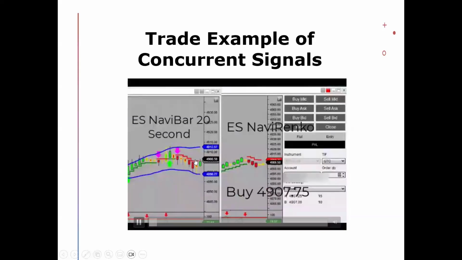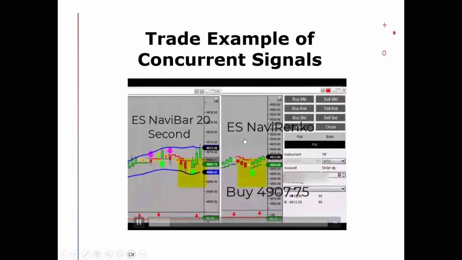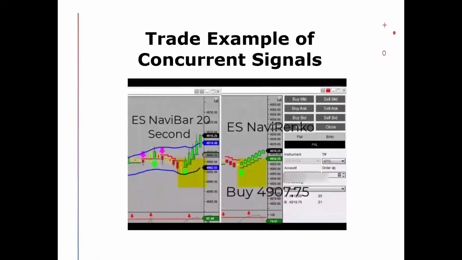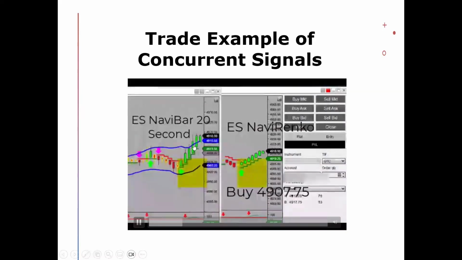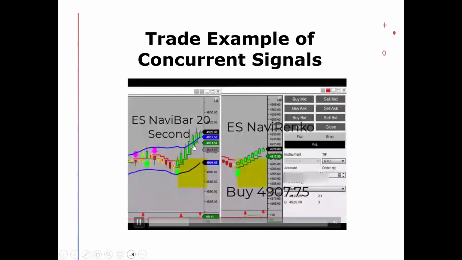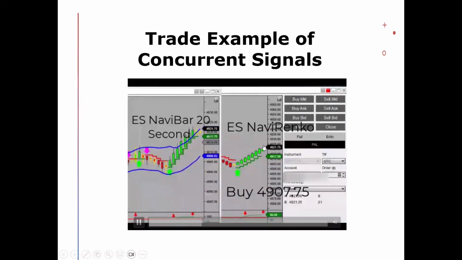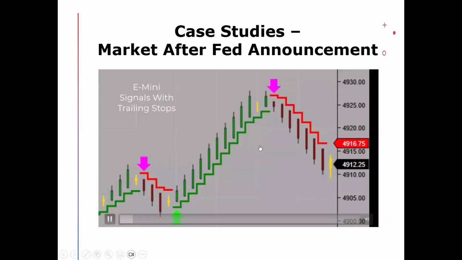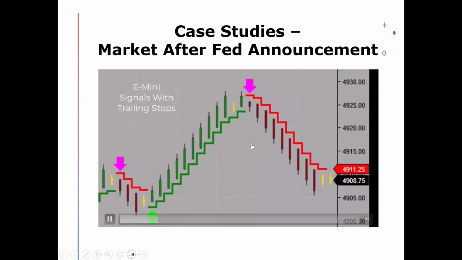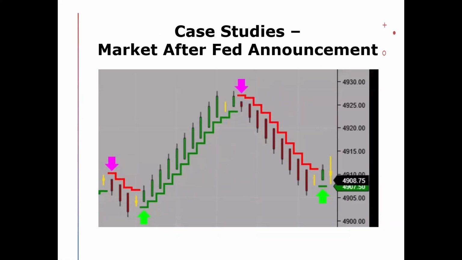Here's an example of that 20-second chart where we moved up, and the NaviRenko chart on the right. You can see on both these charts, we're continuing to be green. Here's an example of what happens after a Fed announcement.